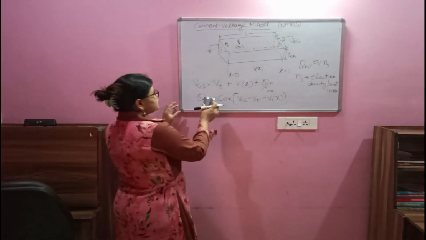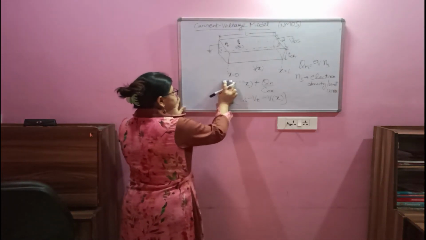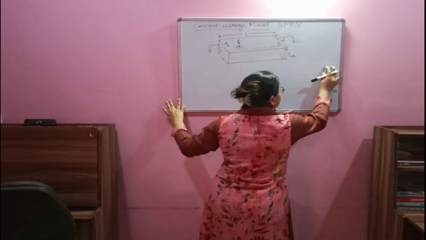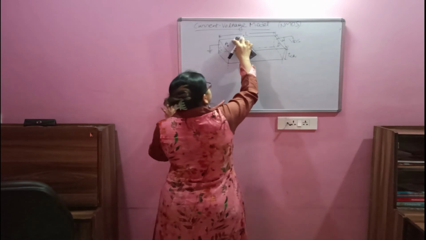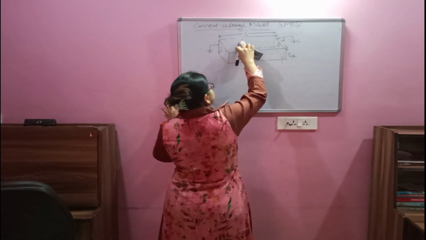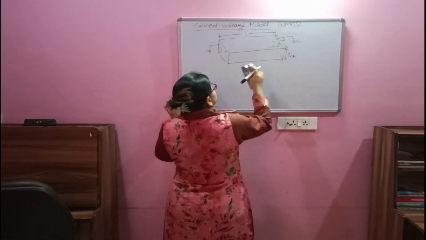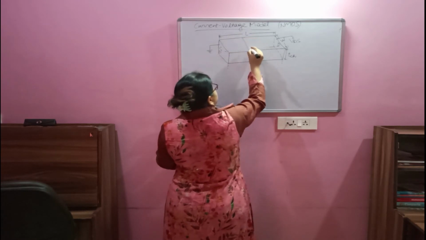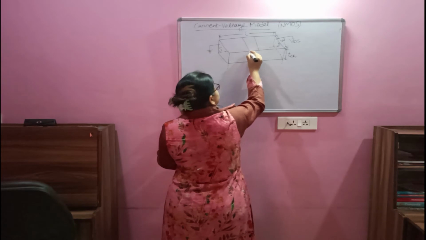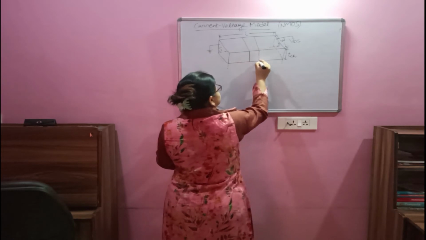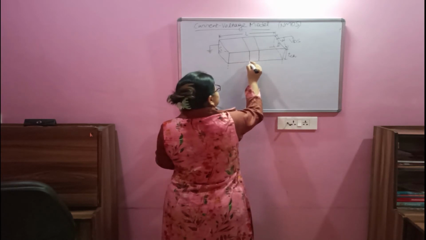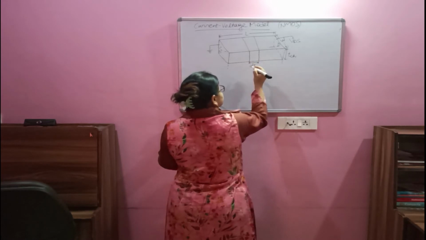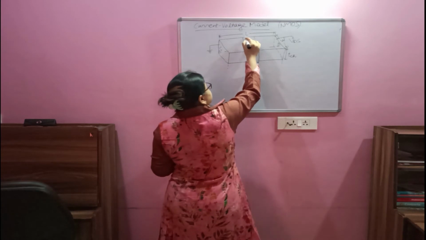So now moving further, rather than considering the complete channel, I will take an elementary volume out of this. Suppose I am taking it from here. I will cut one elementary volume from this, of say dx thickness.